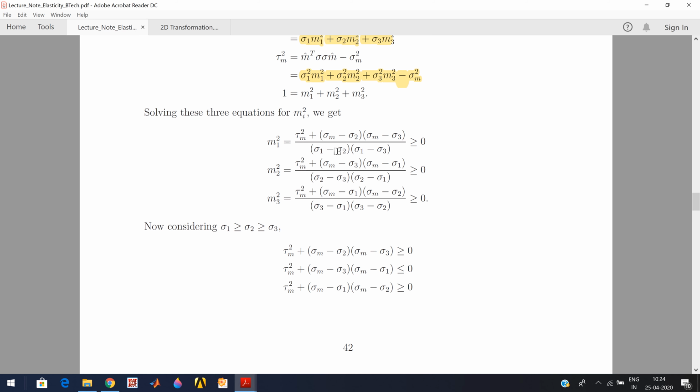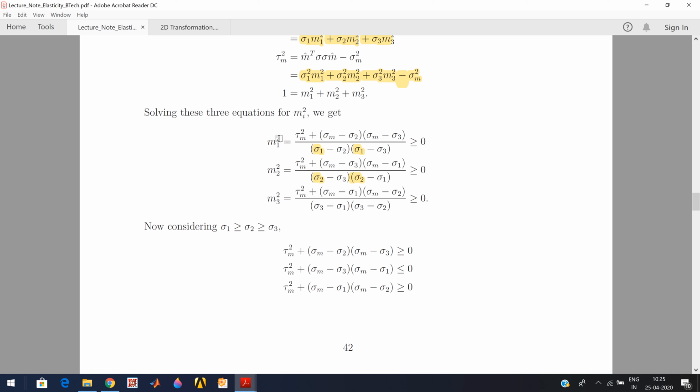For m1 we'll have sigma 1 in this place, sigma 1 in this place, and for m2 we'll have sigma 2 here, sigma 2 here, and then the others will be just subtracted from that sigma 2. Sigma 2 minus sigma 3 and sigma 2 minus sigma 1. Similarly, in the top here tau m square plus sigma m minus sigma 3 and here sigma 1. So it is the same for the other two cases also.